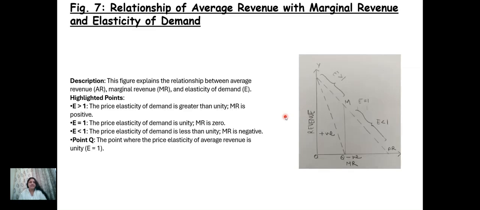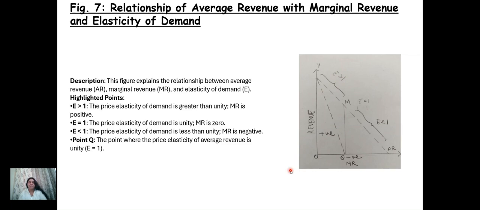Next, you can see E. Here E means elasticity of demand. There are three cases. When elasticity of demand is greater than unity, then MR is positive.